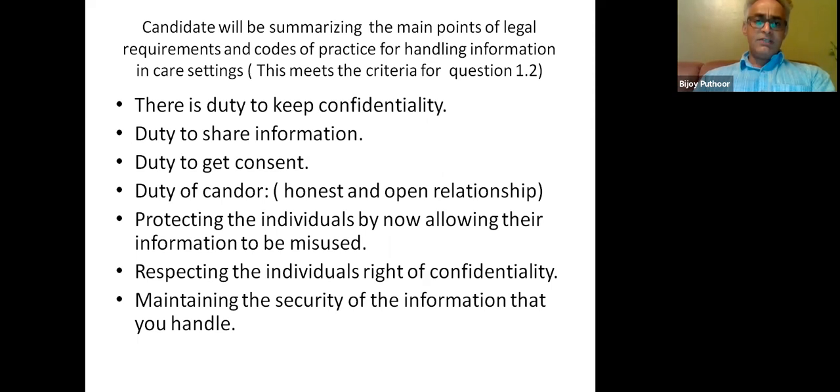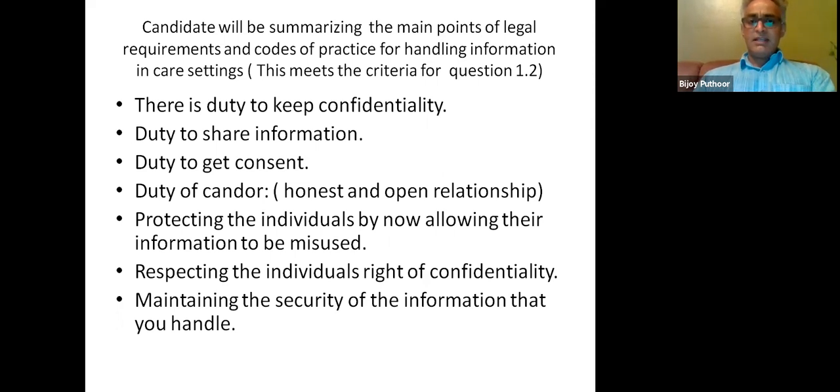So the information that you have received for a particular purpose, that is to provide care in this case, should not be used for any other purposes. If the same information can be used for a different purpose, you should get consent from the person before you use that information.